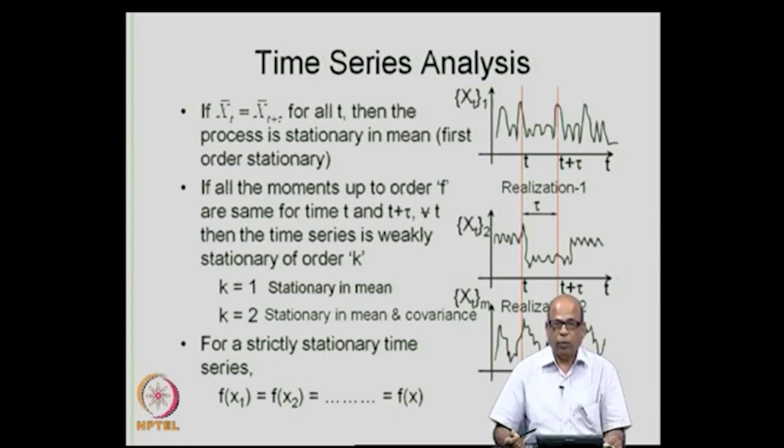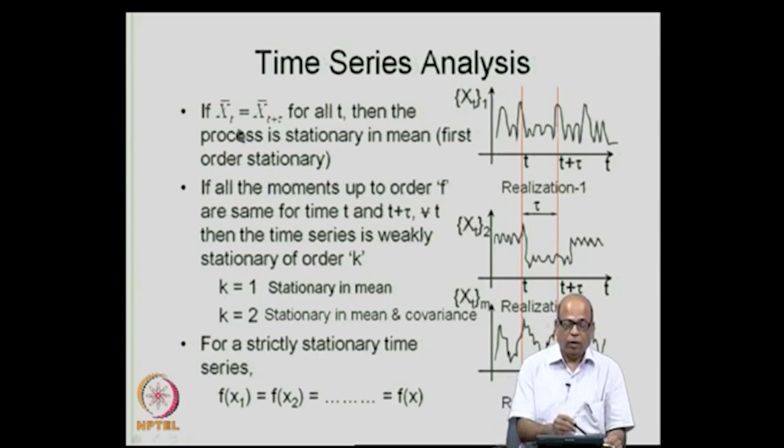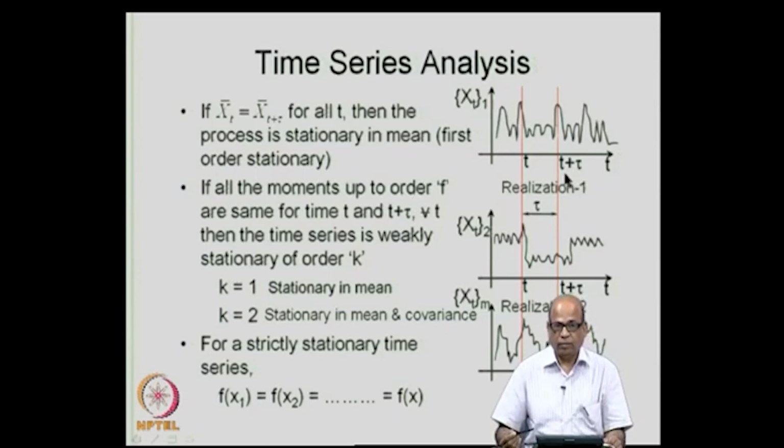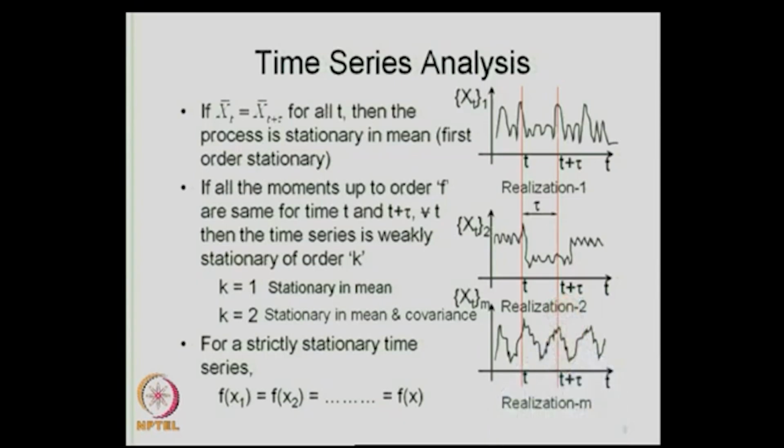However, in most applications we may not need strict stationarity. We then define a weak stationarity. For example, if the PDF is not the same, but if the means across time are the same, then we call the time series stationary in mean.